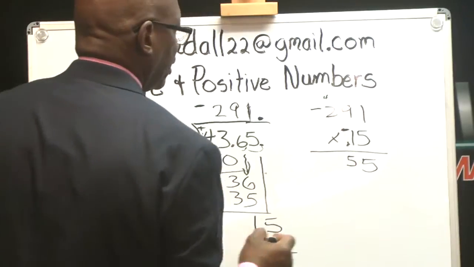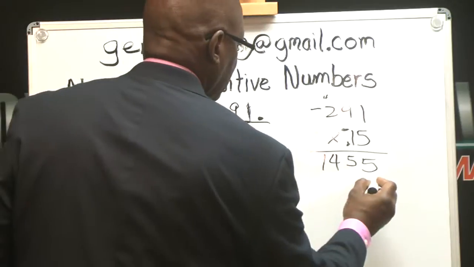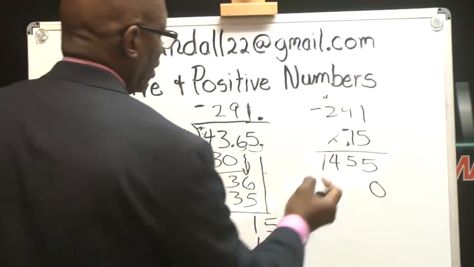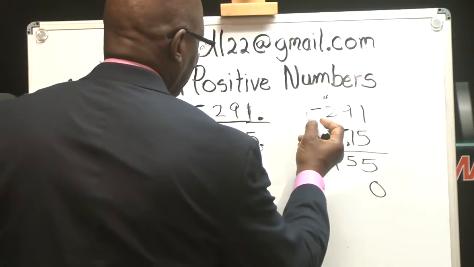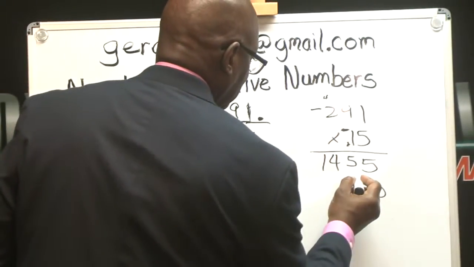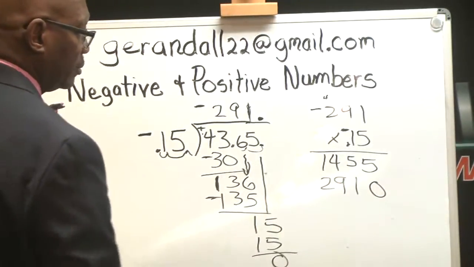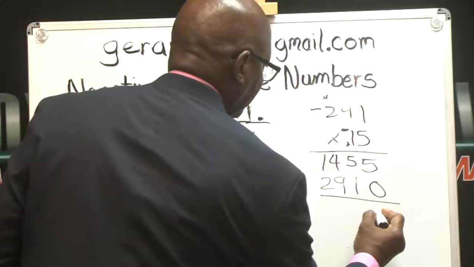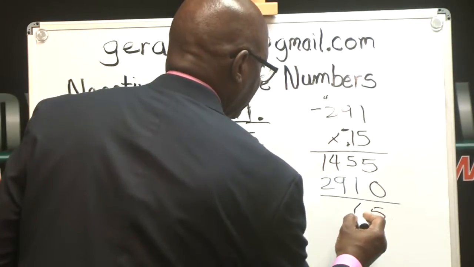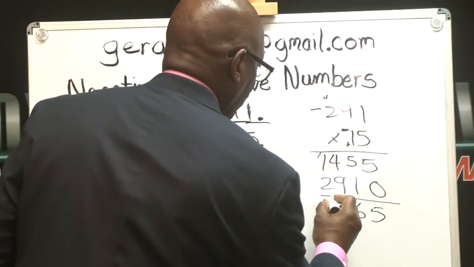Put that up there. 5 times 10 plus 4 is 14. And again, 1 times anything is that thing. So in this case, 1 times 291. Okay? 5, 6, 13, carry the 1, 4.